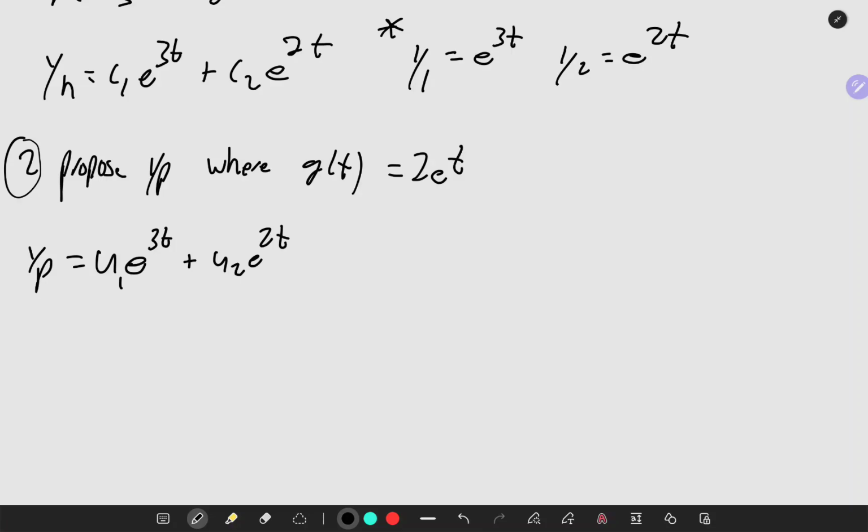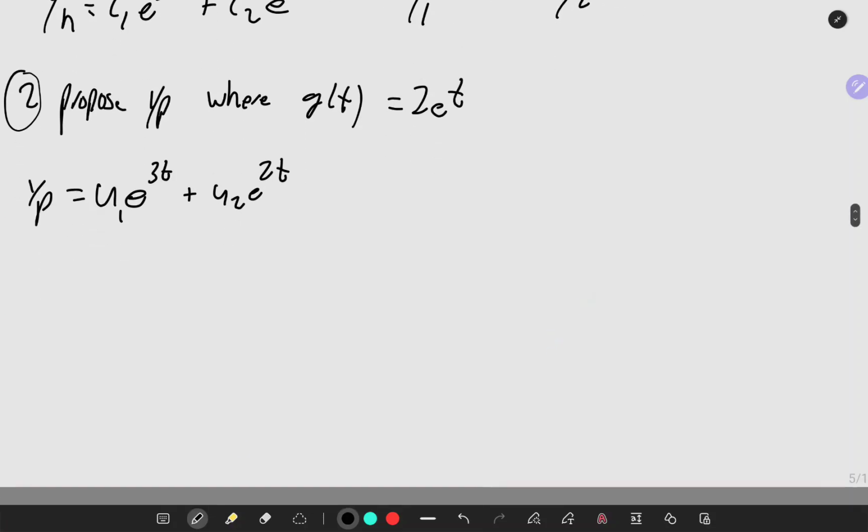Now, for variation of parameters, we're going to take the first derivative. We do the same thing for undetermined coefficients: take the first and second derivative and then plug them back in.